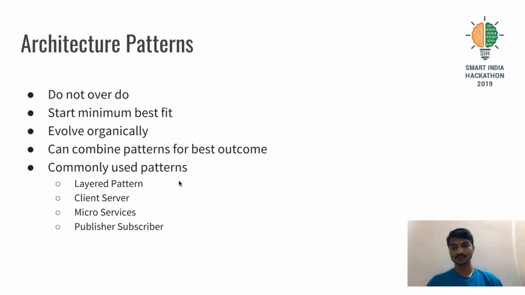And now let me go into one of the modern patterns which we use nowadays, that is microservices. Microservices are among the most used patterns. What it does is separate your concerns into smaller parts as much as possible and handle them separately.